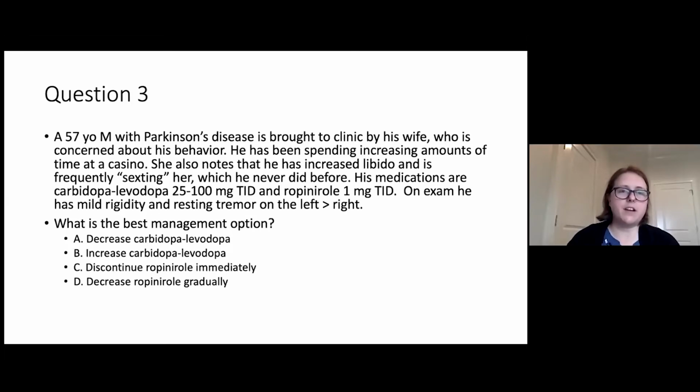His medications are carbidopa-levodopa 25-100, 3 times a day, and ropinirole, 1 mg, 3 times a day. On exam, he has mild rigidity and resting tremor on the left greater than right. So what is the best management option here? A, decrease carbidopa-levodopa. B, increase carbidopa-levodopa. C, discontinue ropinirole immediately. Or D, decrease ropinirole gradually.